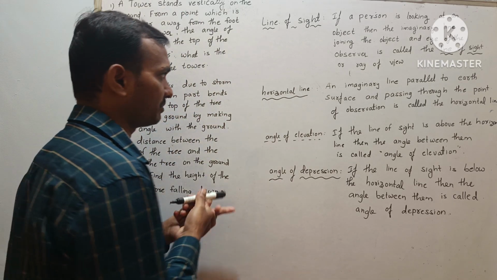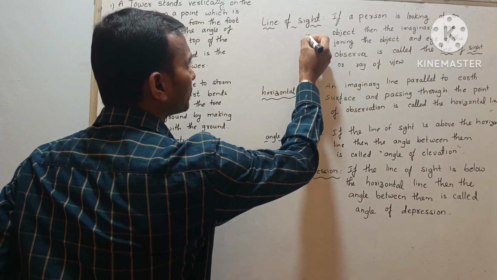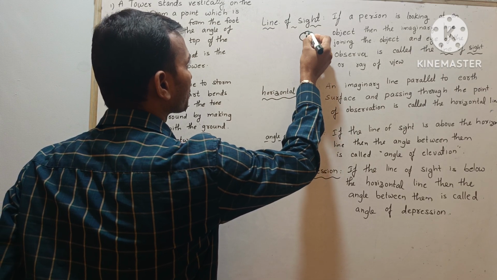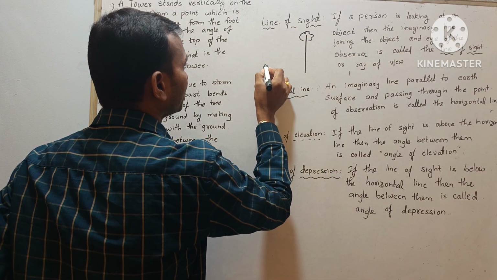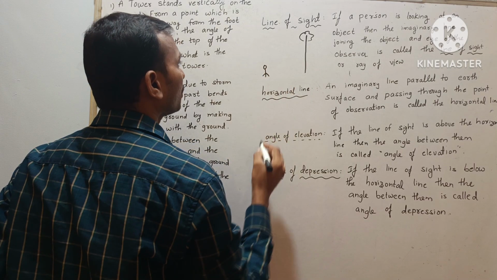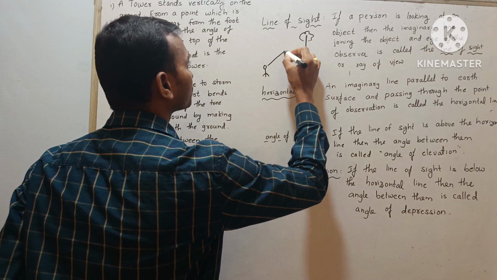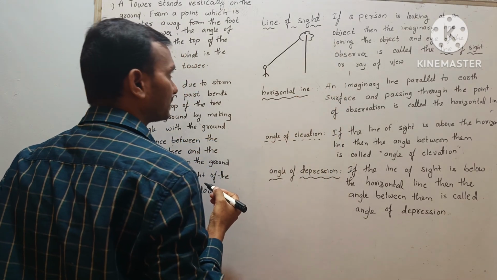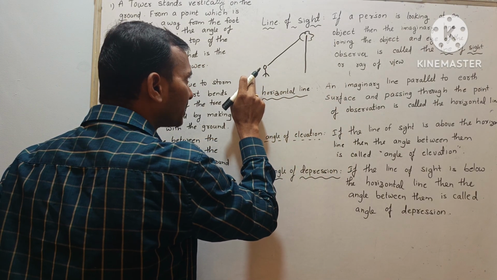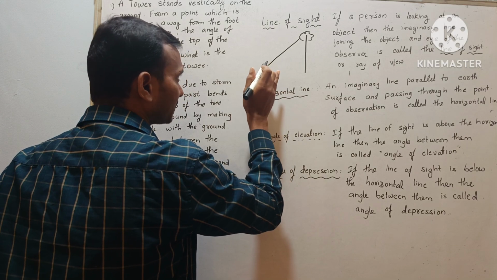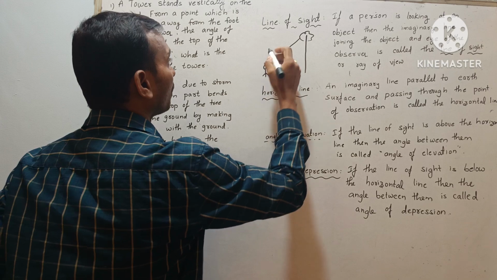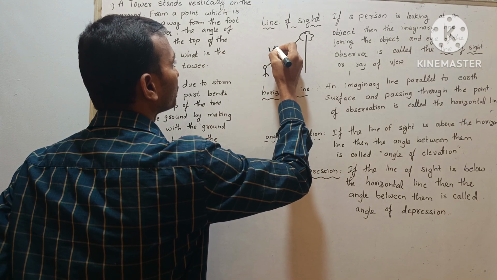So, what is the meaning of it? For example, here it is a tree. A person is on the ground, and he is observing the tree. An imaginary line between the person and the observation point is called line of sight.